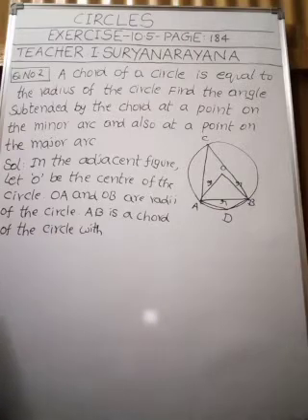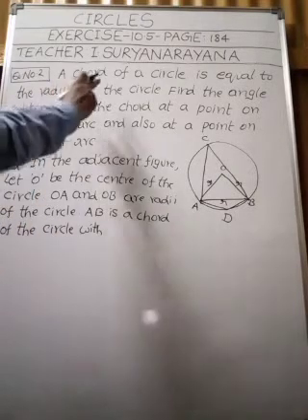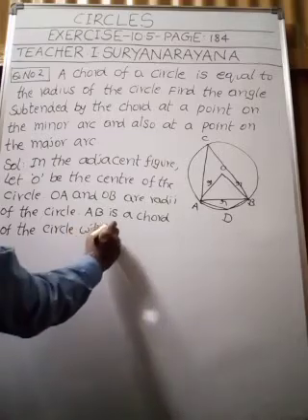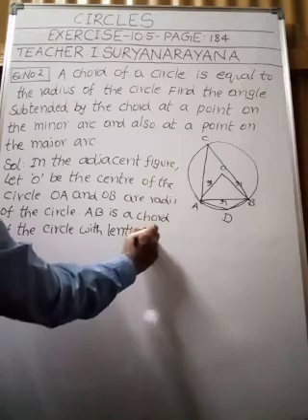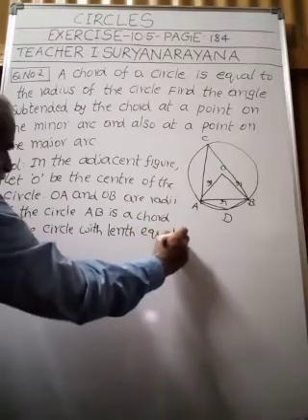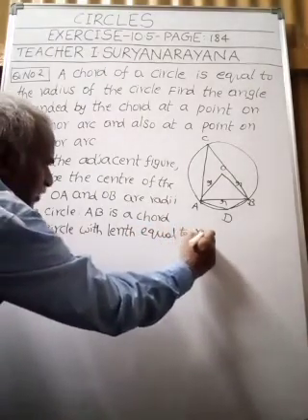AB is a chord, a chord with length equal to radius of the circle.